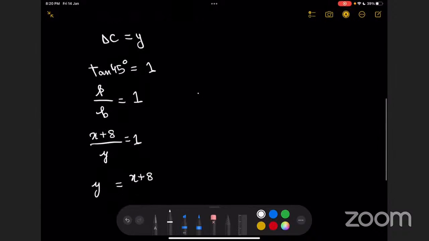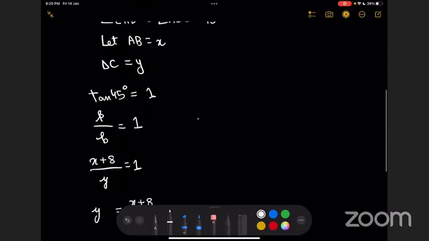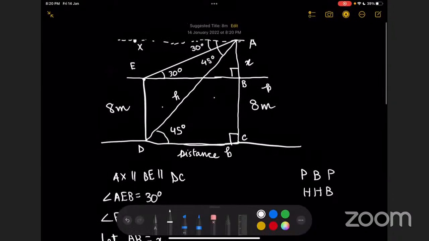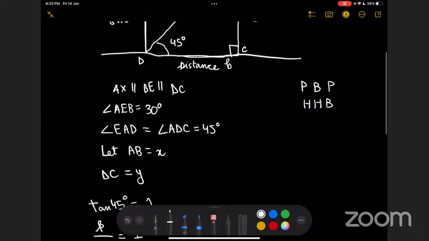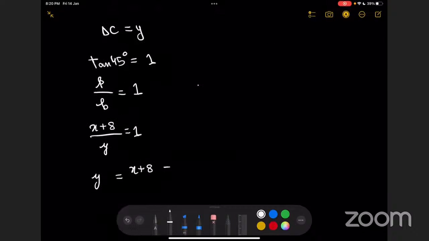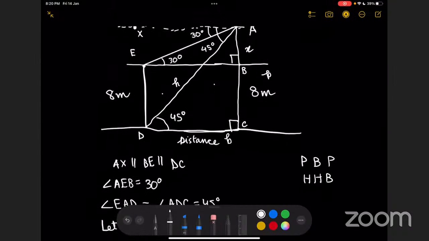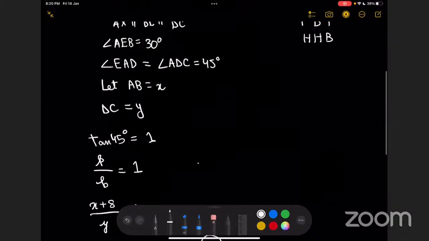So now we know Y. Then I'm going to find AB, which is X, and we know that EB is Y. So I'll just substitute the value. And we need to find the base, and we already have the perpendicular, so we're going to use tan again.